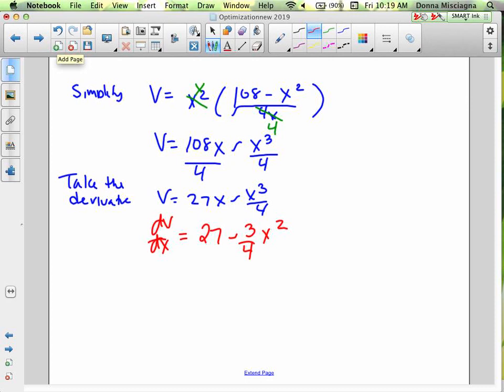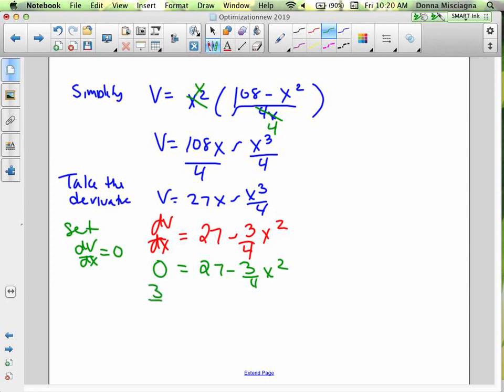What do you think our next step is if we're looking for critical points? Yes. Set dv dx equal to 0. So we have 0 equals 27 minus 3/4 x squared, and now we'll just solve.